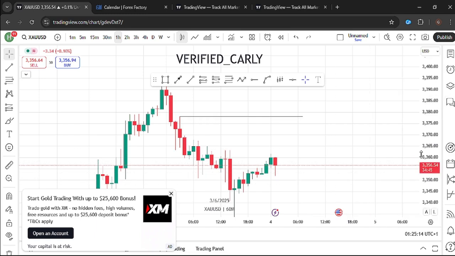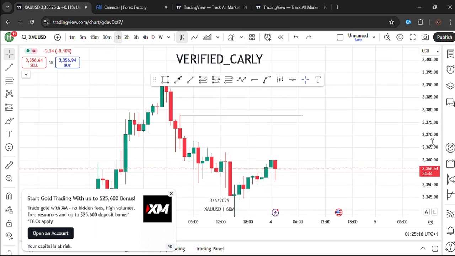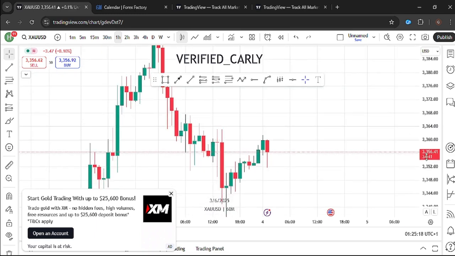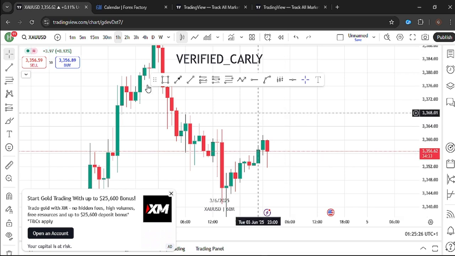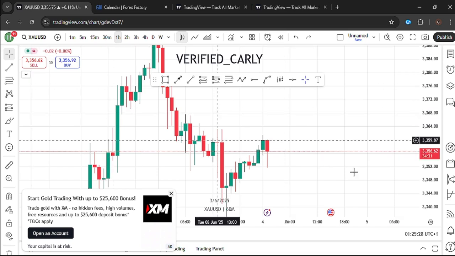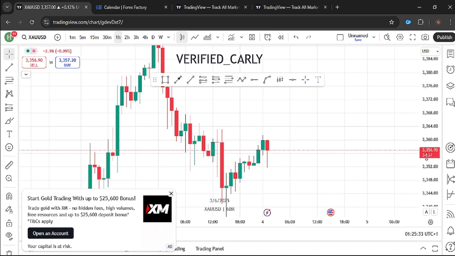Then on the side of it, you're seeing this 3356.41. This is price. Okay, price. So the price now of gold to dollar is $3,356. You're seeing this, right? Gold now in dollars is $3,356. So if someone tells you to enter gold, this is the price that you'll be entering.